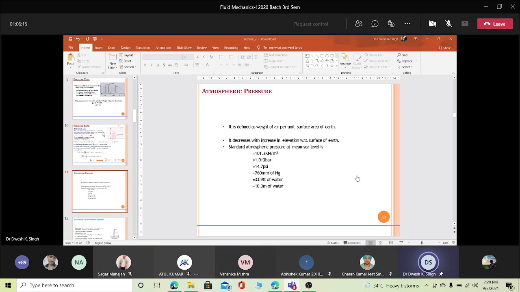Aryan Dwivedi, Asis Meena, Asutosh, Atul, Ayush. Ayush is absent. Ayushi is present. Chaitanya, Charan, David, Deepnan, Niket, Aniket.